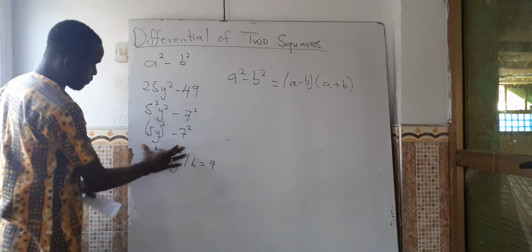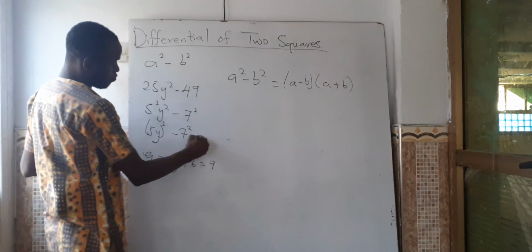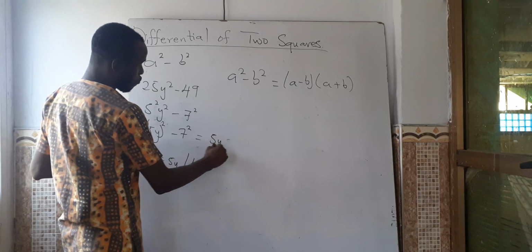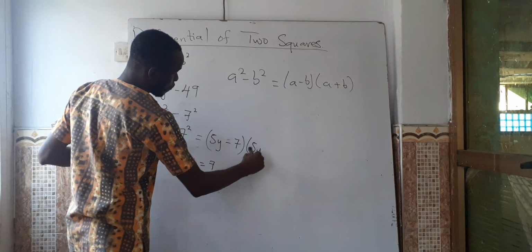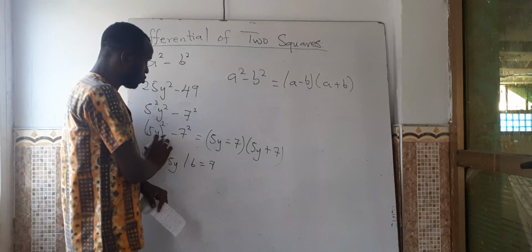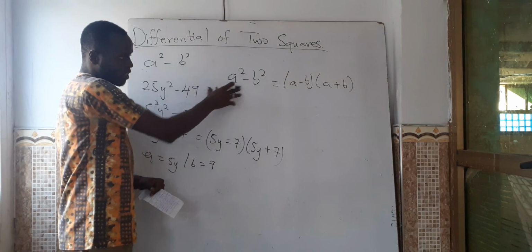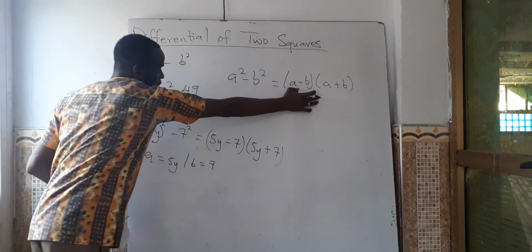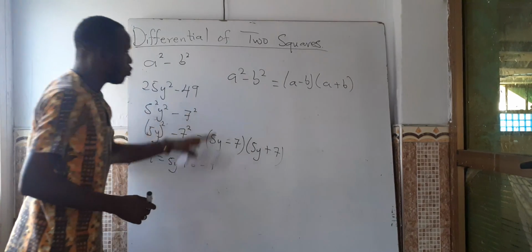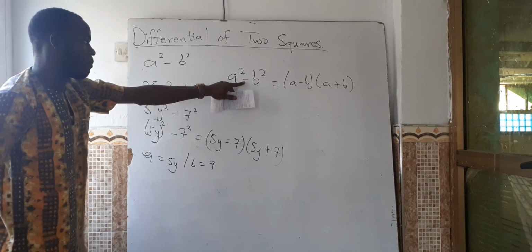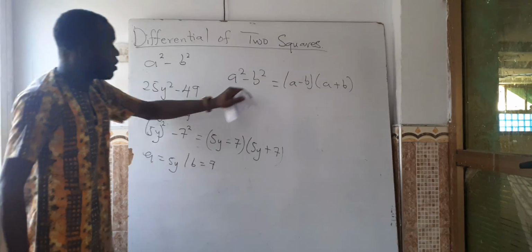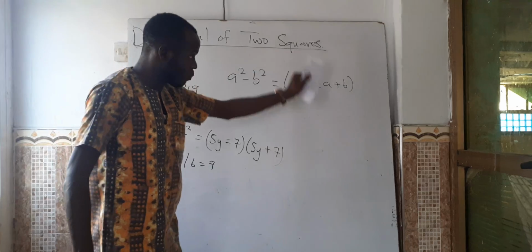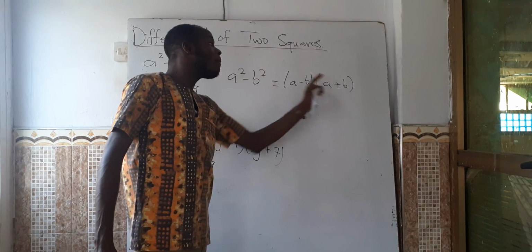So if you have the expression in this way, this one too means I can have 5y minus 7 and then 5y plus 7, all right? So in expansion, if you want to expand any expression in this form, this is how you'll be getting it. You pick the first value minus the second value, you don't bring the squares, okay? You leave the squares out, times, you close the bracket, you open another bracket, the first value plus the other value, okay?